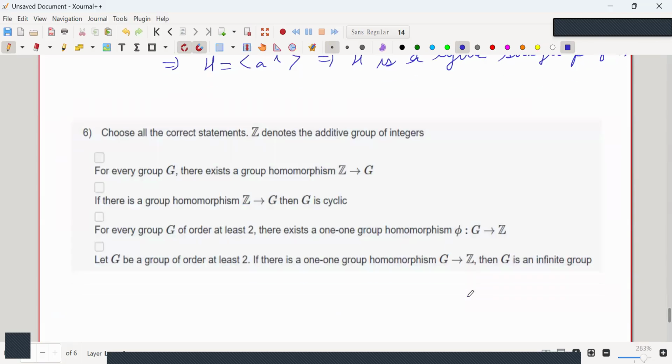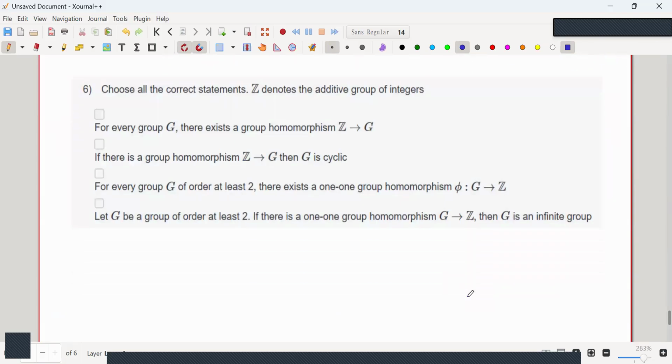Okay. So the final question is, we need to choose all correct statements. Z denotes the additive group of integers. First is, for every group G, there exists a group homomorphism from Z to G. Is it correct? Yes, sir. I can always define the zero map.